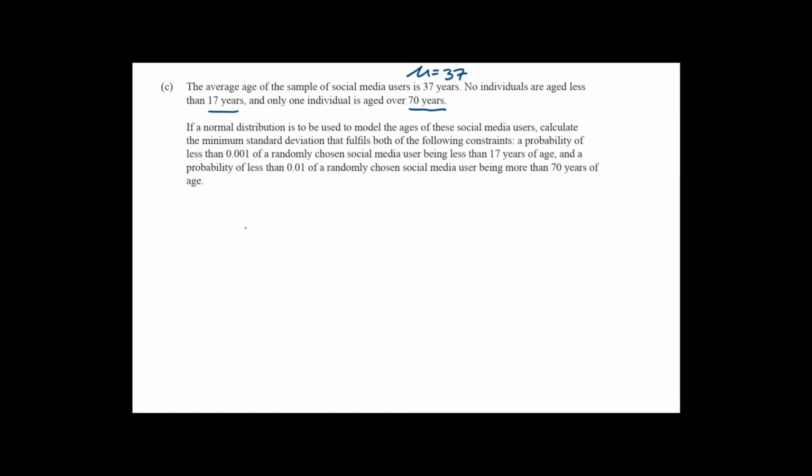If the normal distribution is to be used to model the ages of social media users, calculate the minimum standard deviation that fulfills both of the following constraints: probability of less than 0.001 of a randomly chosen social media user being less than 17, and probability of less than 0.01 of being aged more than 70.